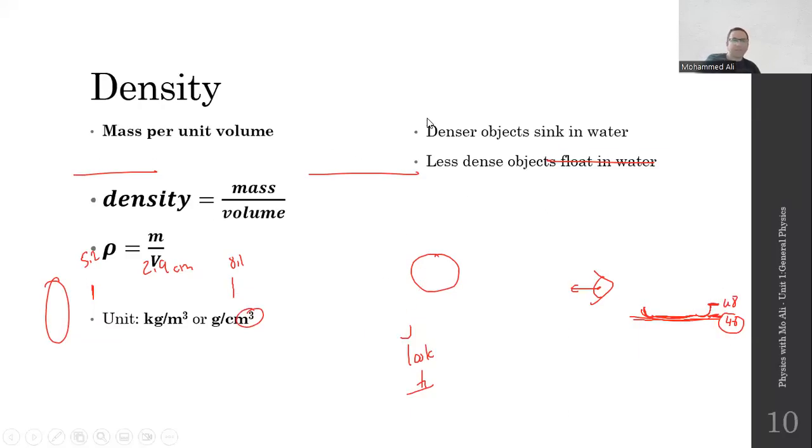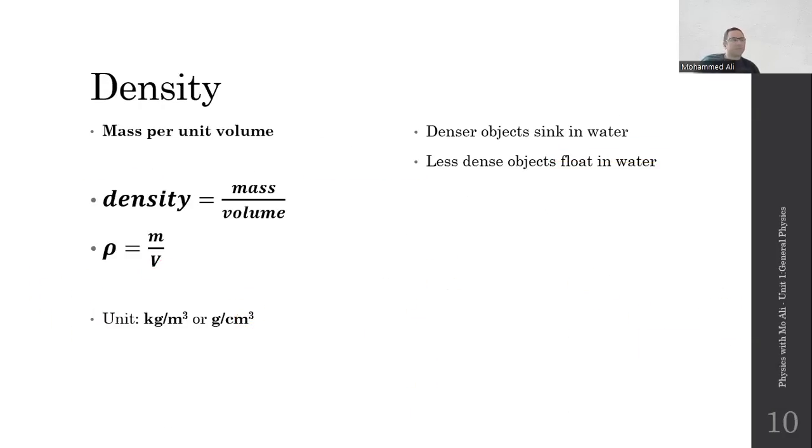And finally, oops, I have to clear the board. Let's talk about density. Density is quite simple. It's just mass over volume. It's literally defined as the mass per unit volume of a substance. The more dense an object is, the smaller and heavier it'll be. Think metals.